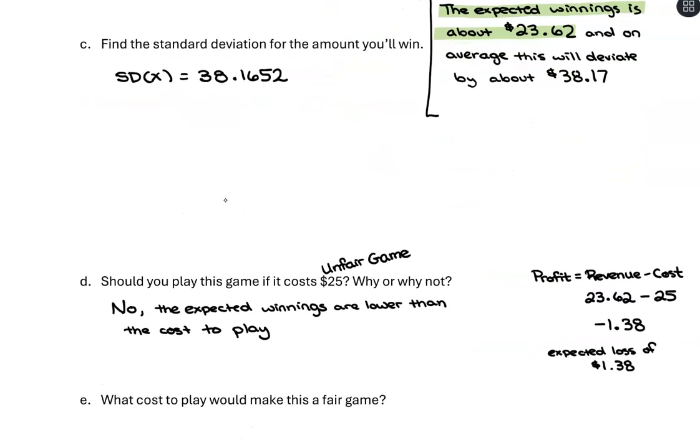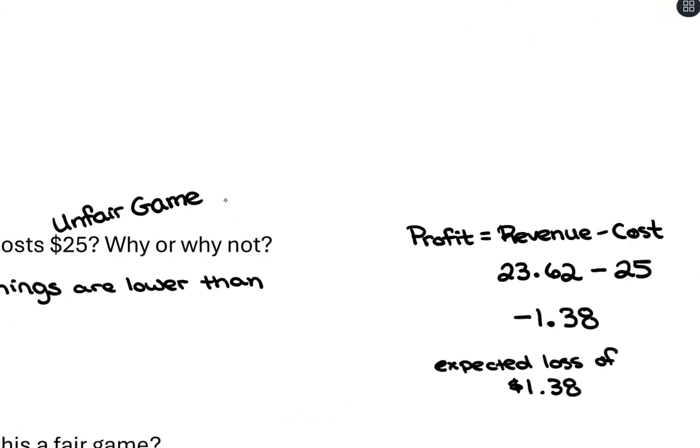So with these, we can think of expected value and compare it to a cost in order to see if it's an unfair game or not. And then we can see the expected profits or losses based on the difference between those two values. Like I was saying, maybe I would even play this game for $30. With that, I would have an expected loss of $6.38. Well, that goes to the house. That might be good for the company running this game.